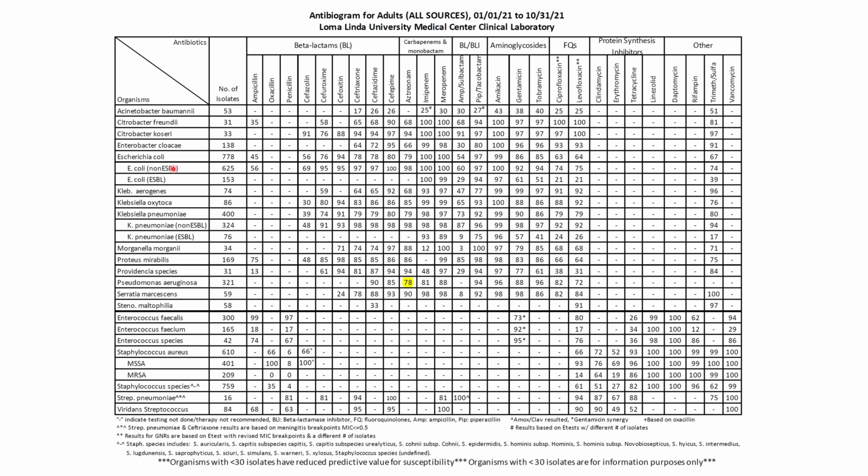And for some organisms, they also report a subclass of those. So for example, E. coli, we'll talk about what ESBL means in another lecture, but some E. coli produce something called ESBL, so they're showing you that for those isolates specifically, what the susceptibility looks like. And another good example is Staphylococcus aureus.